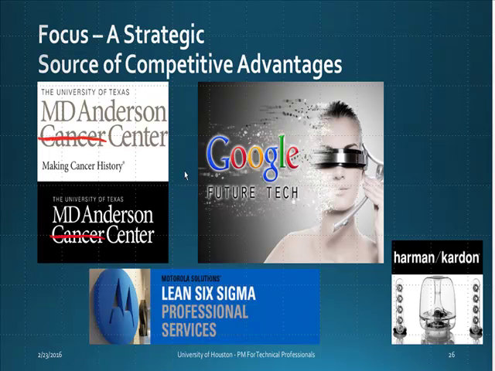And Motorola has done so well in process management. Actually, it was one of the pioneers in Lean Six Sigma practice. Okay, and Harman Kardon is another company. Some of you probably know, some of you probably don't. It's a company dealing with audio equipment, with speakers and amplifiers.